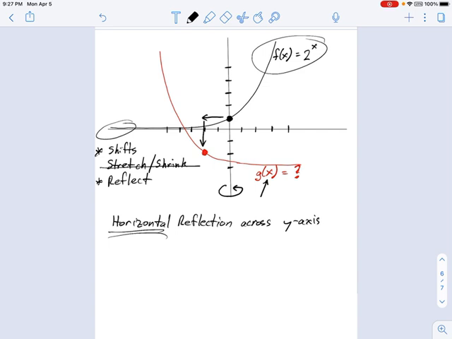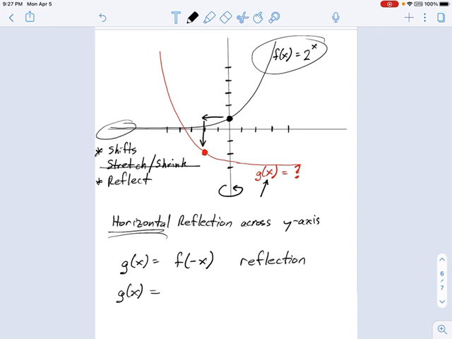Well, the way we describe this as an equation is we say g of x, that's the transformed function, equals the parent function. Remember, this is with a reflection inside, but that's only one part of it. Remember, there are also shifts going on. So there's the reflection aspect, but we're not done.